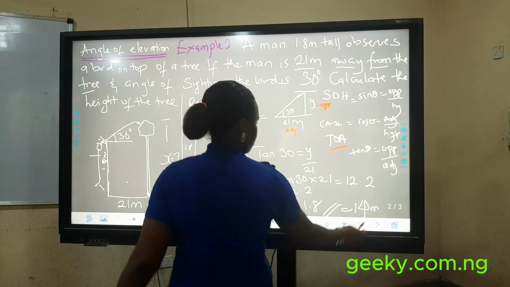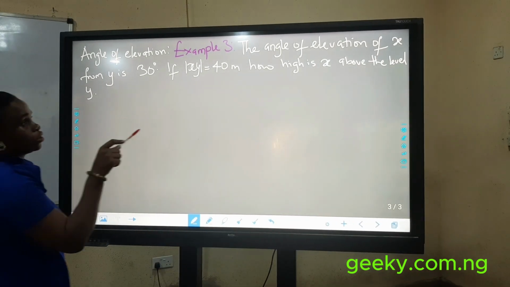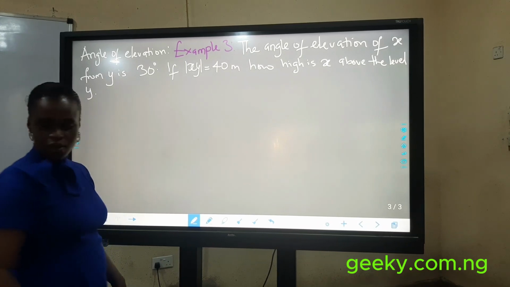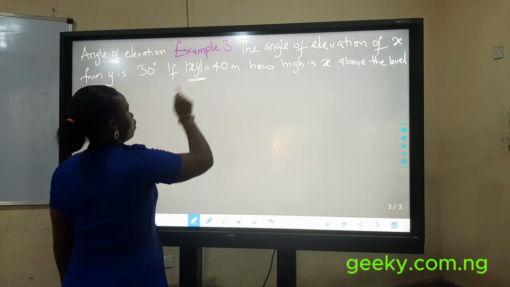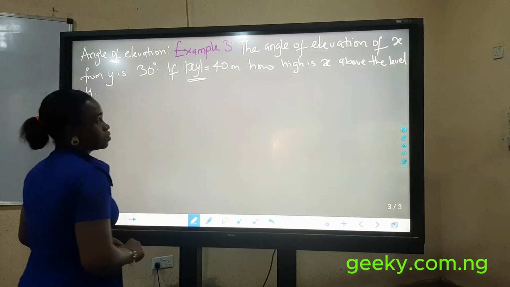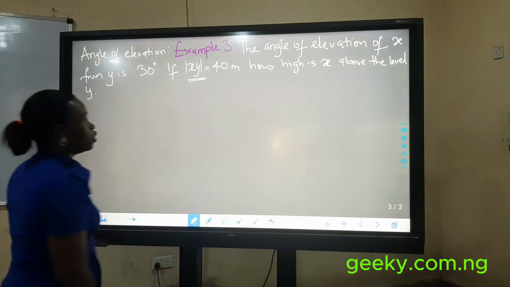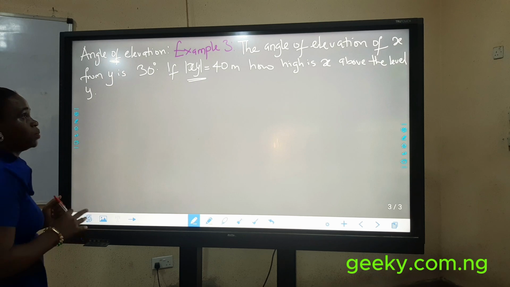So our third example says the angle of elevation of x from y is 30 degrees. If the magnitude of xy is 40 meters, how high is x above the level of y? Understand the question. Let's try to represent this.